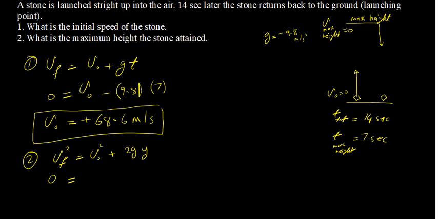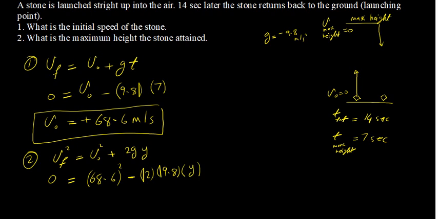Now here I know how much this one is: 68.6, and it's squared, minus 2 times the gravity acceleration, which is 9.8, times the maximum height, which we don't know. This is the unknown.